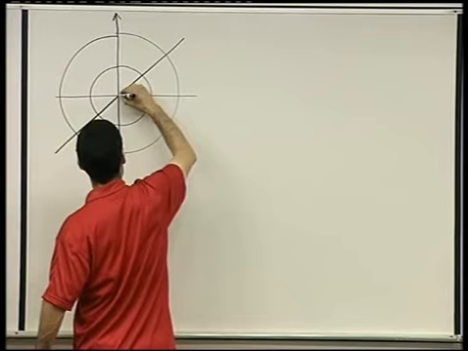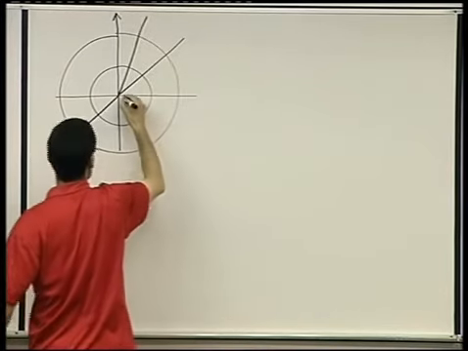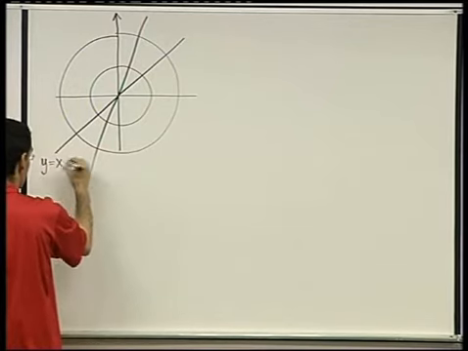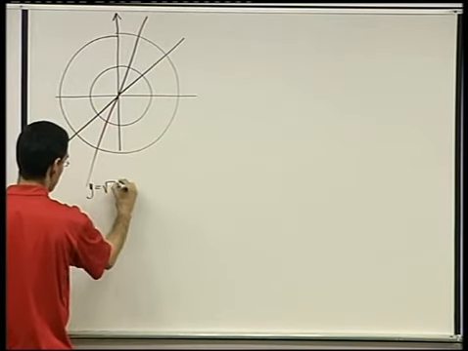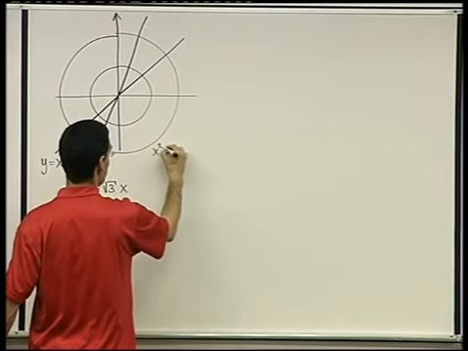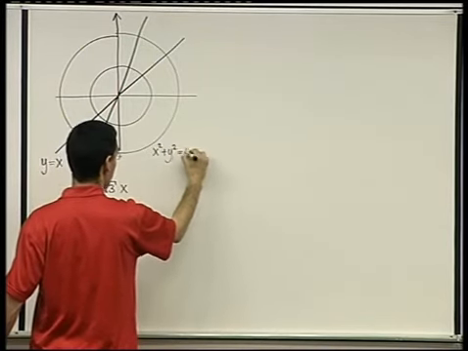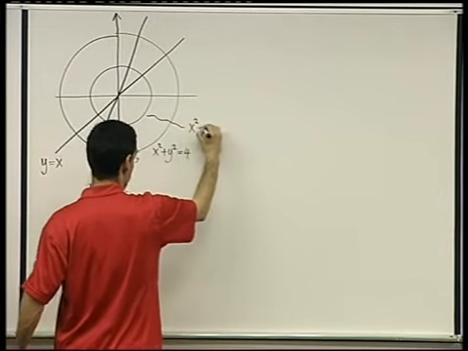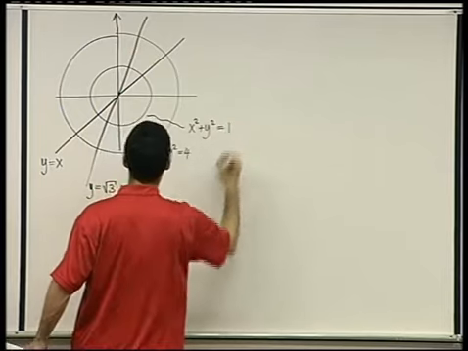Here's y equals root 3 x, something like this. So let's label everything. This is y equals x. This is y equals root 3 x. This is x squared plus y squared equals 4. This is x squared plus y squared equals 1.